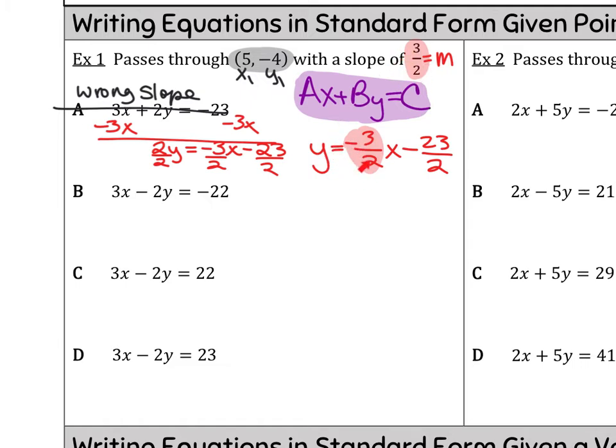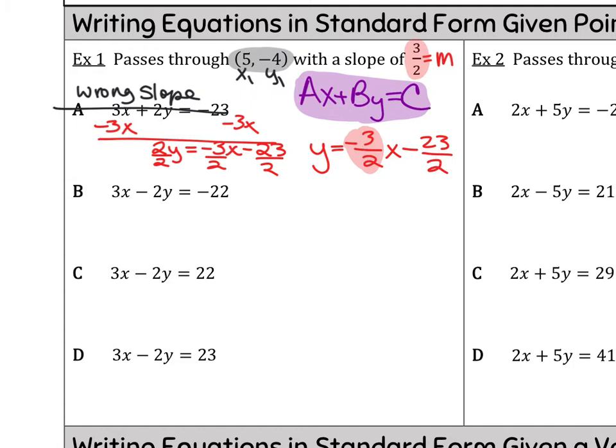Negative 3 over 2. That's not the same. A student asked whether I ever used that negative 3. I did. I brought it down right here. That was a really good question. Is this now written in standard form? No. We already moved it away from standard form, so this is no longer a, b, and c. This is y equals mx plus b.